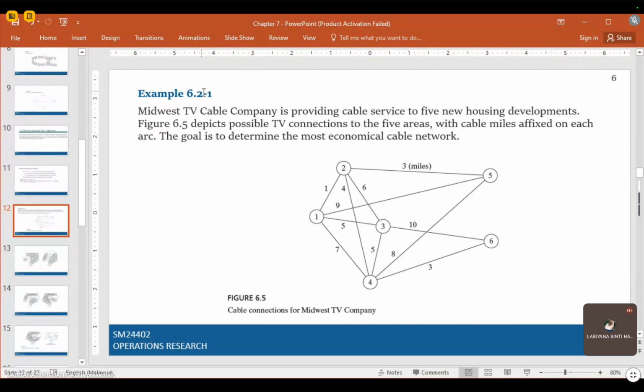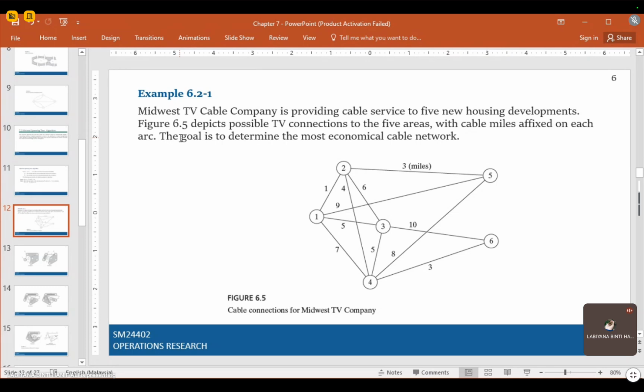In example 6.2-1, Midwest TV Cable Company is providing cable service to 5 new housing developments. Figure 6.5 depicts possible TV connections to the 5 areas with cable miles affixed on each arc.